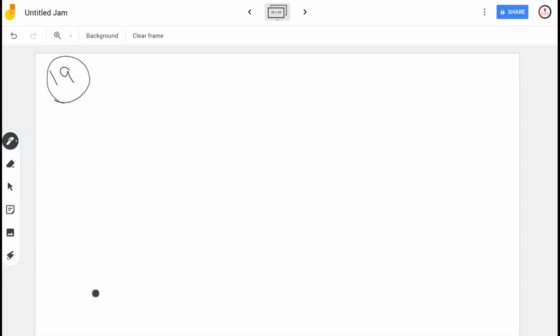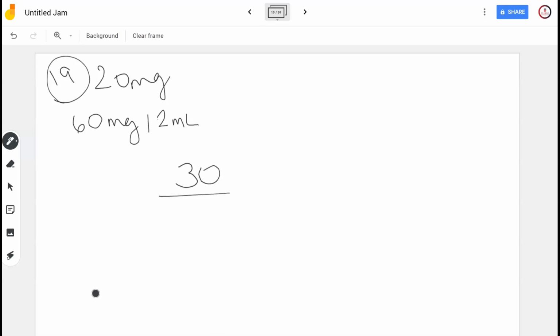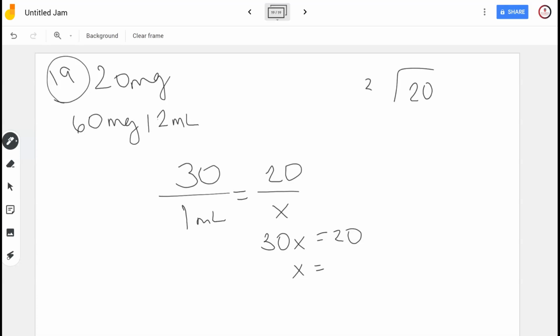Alright, you have a patient who needs 20 milligrams of Toradol. You have a vial that is 60 milligrams in 2 mLs, which is 30 milligrams in 1 ml. You want to give 20 milligrams, 30x equals 20, x equals 20 divided by 30.